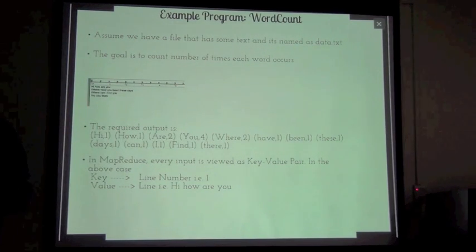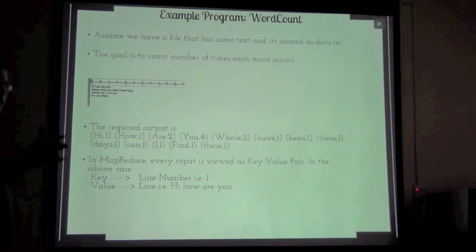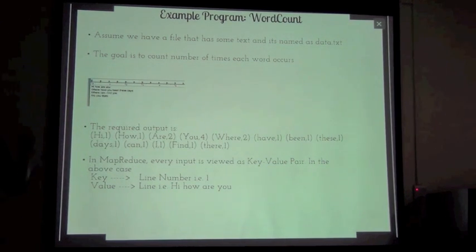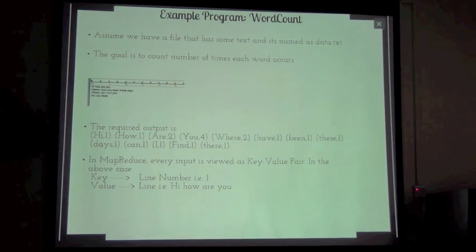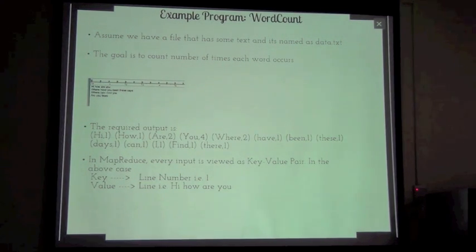In MapReduce, in the default format, the line number is your key. You can customize it, but by default the line number is your key, and the whole line is your value. What MapReduce understands is key and value pairs, nothing else.